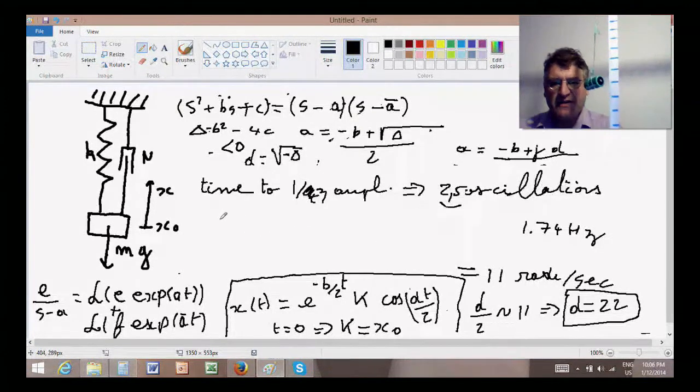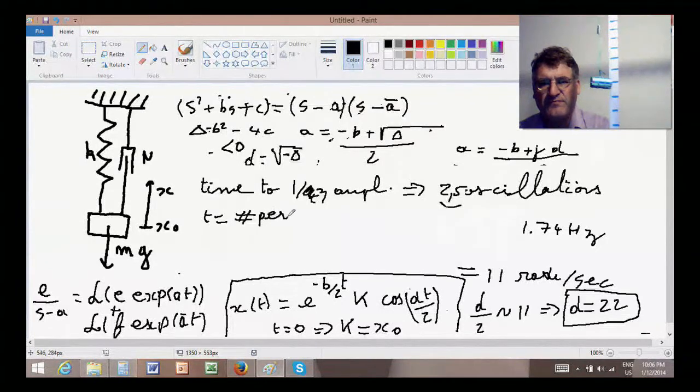Now, the relationship of the period to the time they expand is that time is equal to the number of periods divided by the frequency.